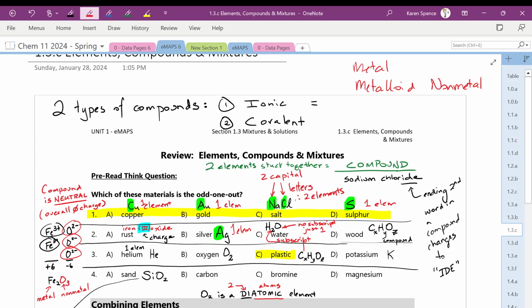Ionic compounds are made out of two of those, usually anyway. Anyone remember? Metal plus non-metal. Okay, so we have a metal plus a non-metal.